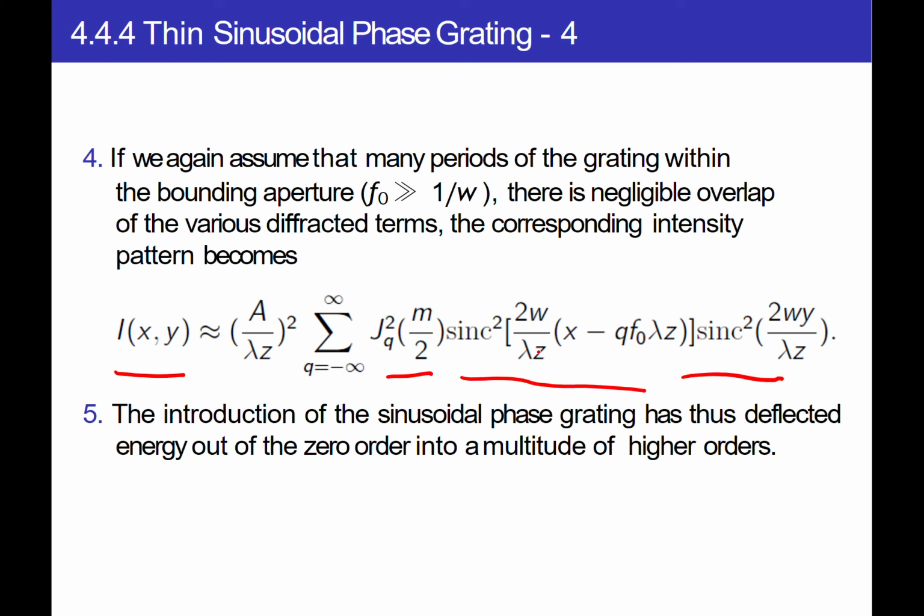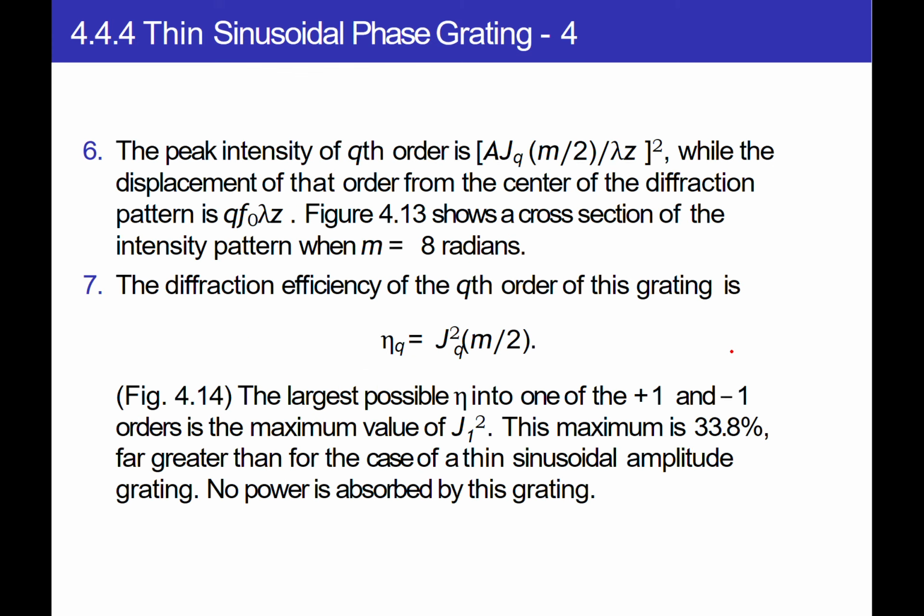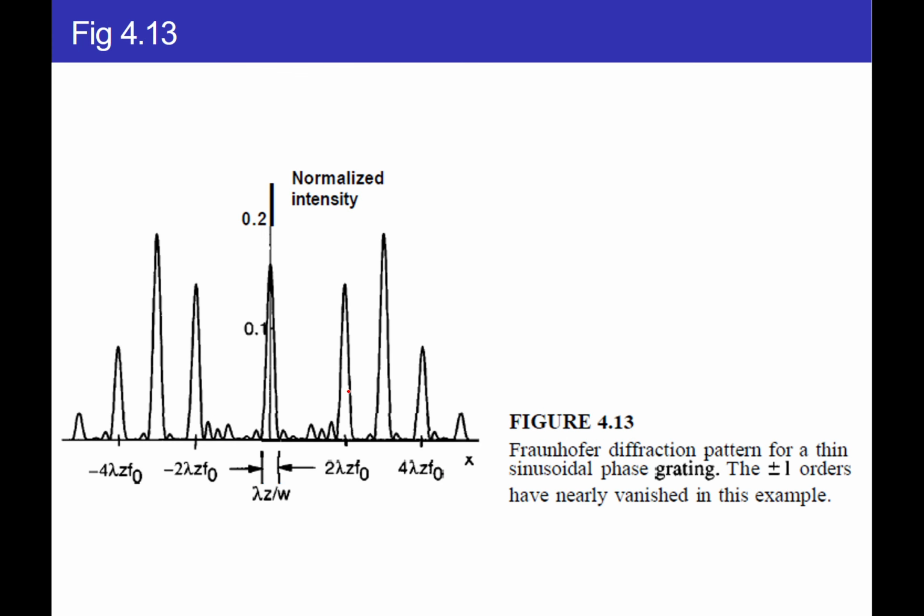Basically it's a sinc function with this weight, and it has many side peaks like this. So you have q equal to +1, q equal to +2, q equal to +3, like this.